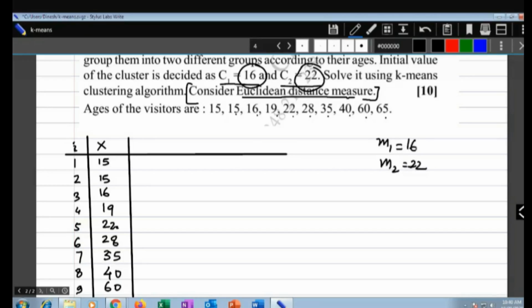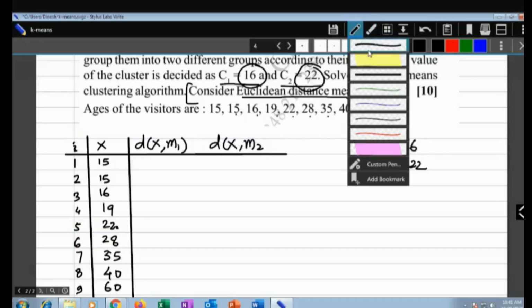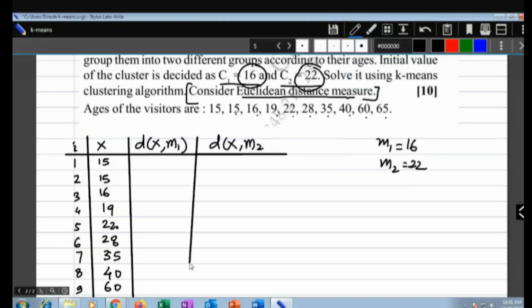This is the centroid value of cluster 1 and this is the centroid value of cluster 2. Now you will find the distance of X with M1, and then also the distance of X with M2. Let me draw a line over here.